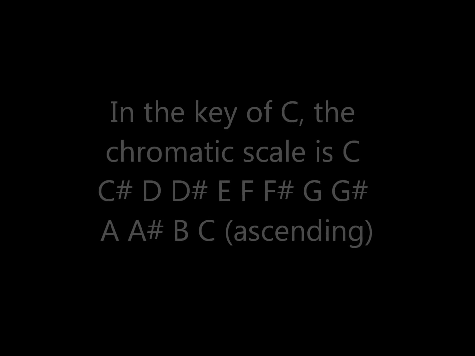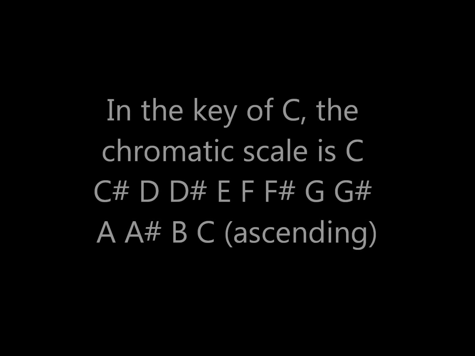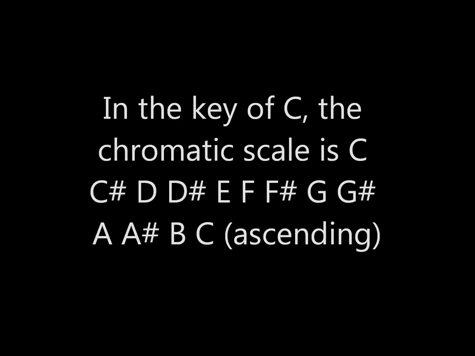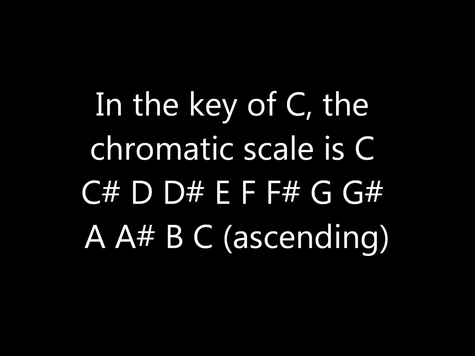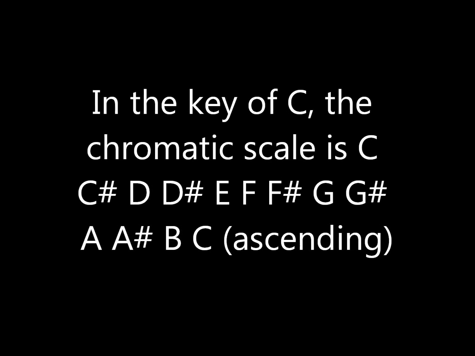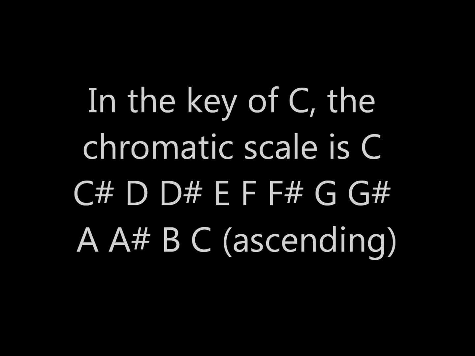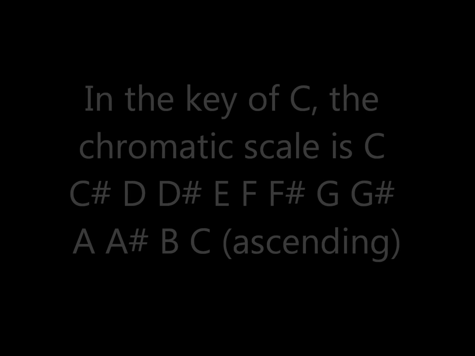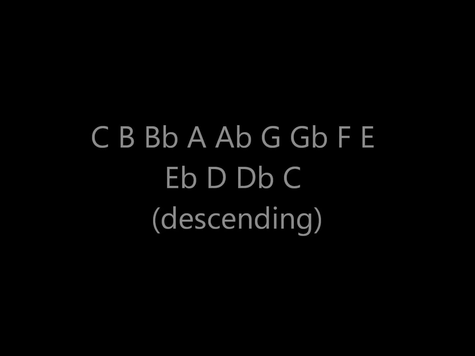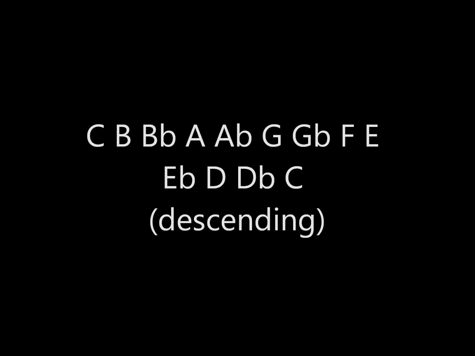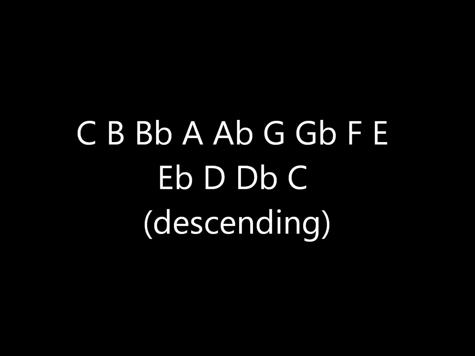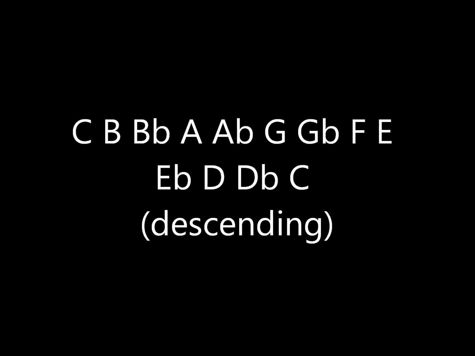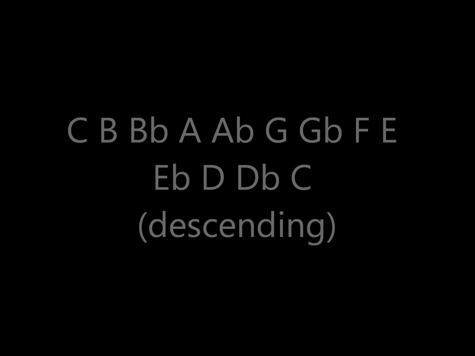For example, in the key of C, the chromatic scale is C, C sharp, D, D sharp, E, F, F sharp, G, G sharp, A, A sharp, B, C, ascending, and C, B, B flat, A flat, G, G flat, F, E flat, D flat, C, descending.